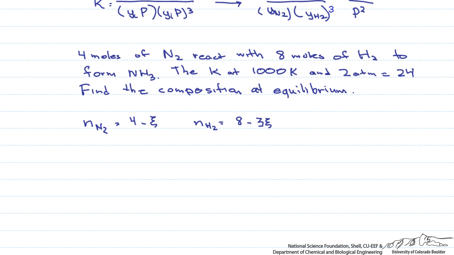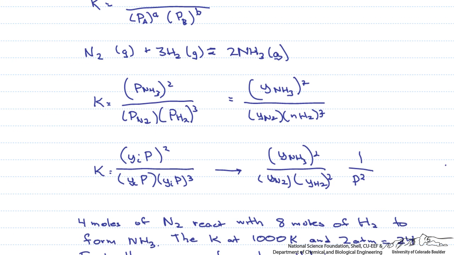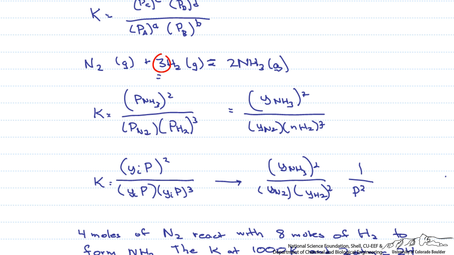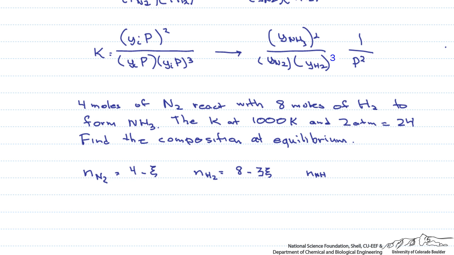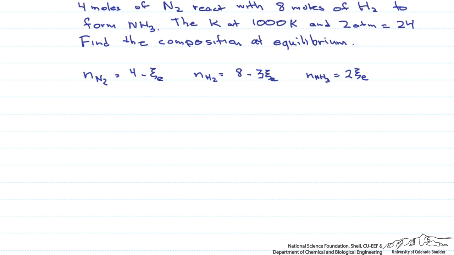The reason we use that 3, again, if we go up and look at the reaction, is that the stoichiometric coefficient is 3. The number of moles at equilibrium of ammonia, because there's nothing that comes in, is just 2 times the extent of reaction. And we're going to put an E by each one of these since we are at equilibrium.